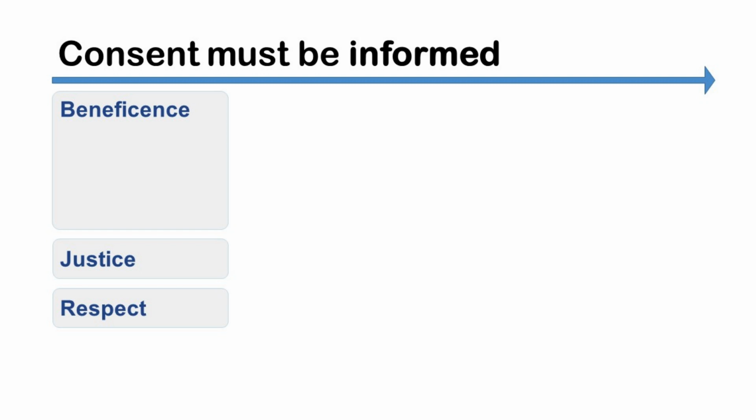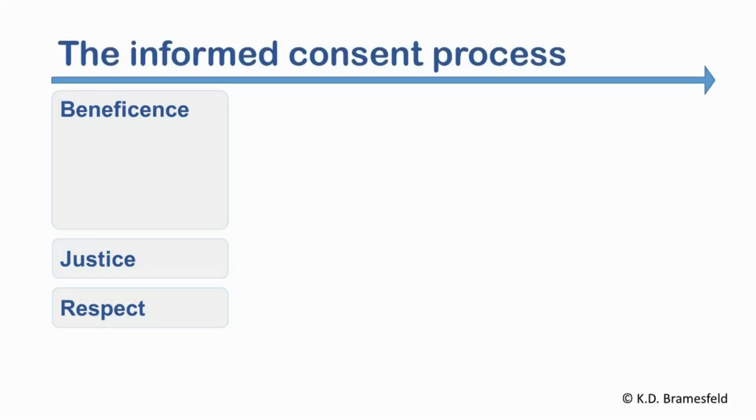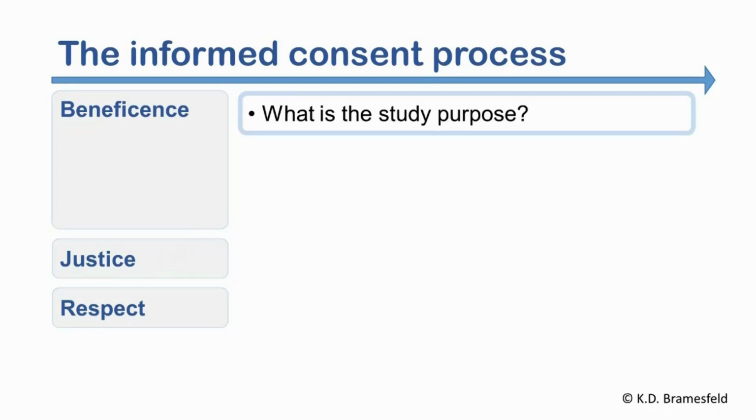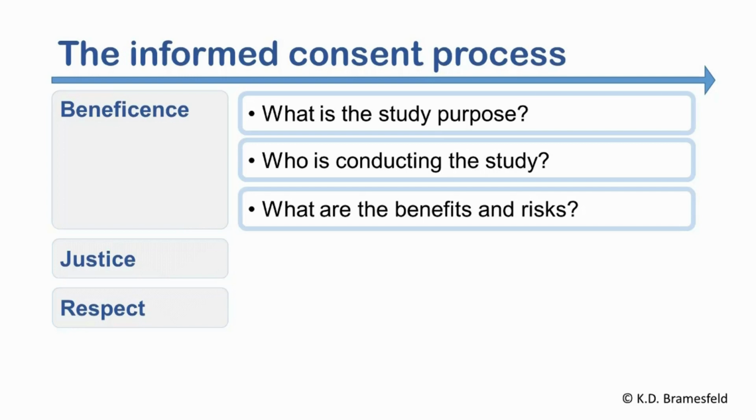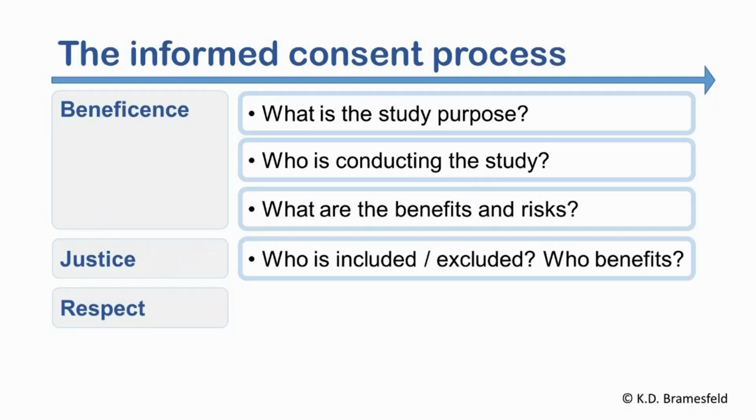So even if you agree to be part of a study, you are free to decline participation at any point in time. So again, if we come back to our Belmont criterion, participants need to be told what the study purpose is. They need to be told who is conducting the study, and they need to be told what the benefits and risks to the research participant are. And from a justice perspective, this comes back to who is included versus excluded, right?